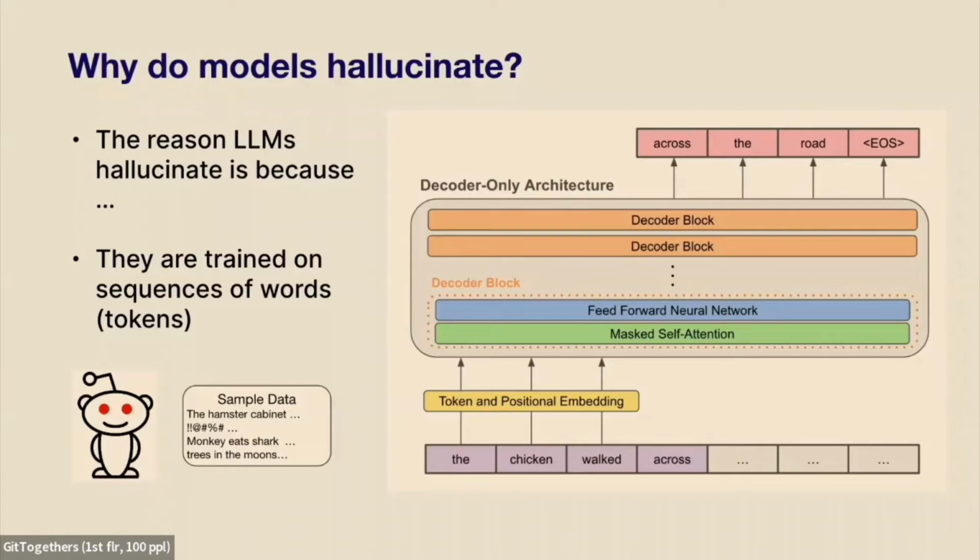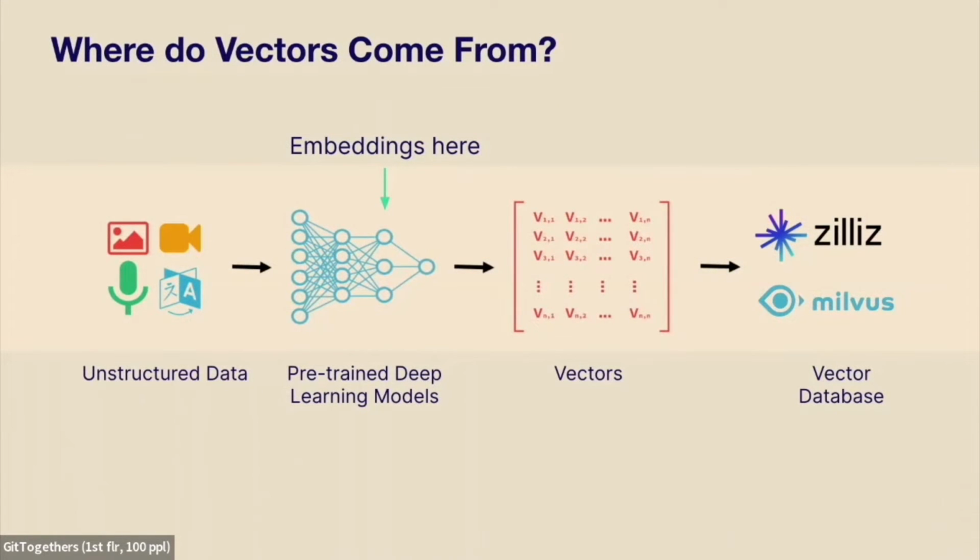responses from LLMs. And then just a reminder that the vectors that we're talking about in our vector database come from these deep learning models that are trained on language tokens to predict next language tokens. So they usually come from the next to last hidden layer of the deep learning models.